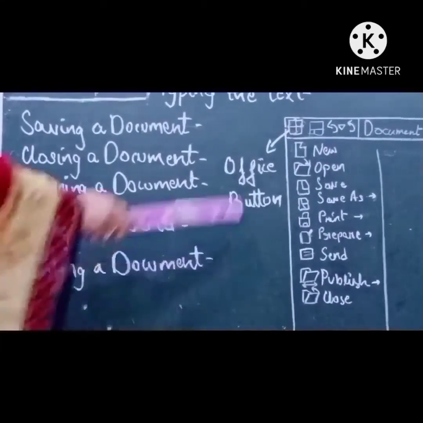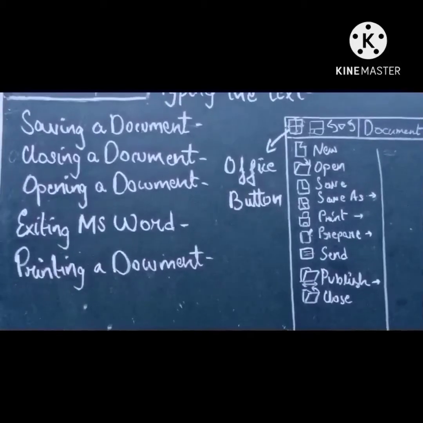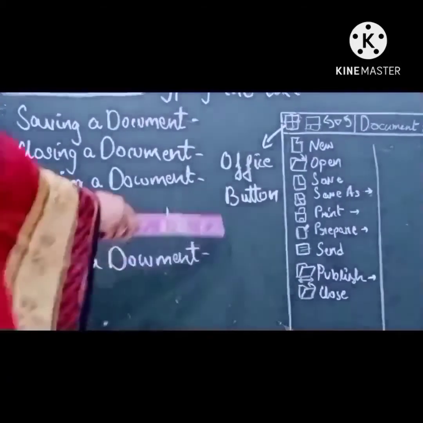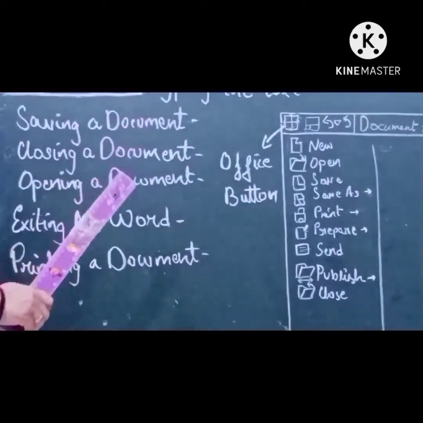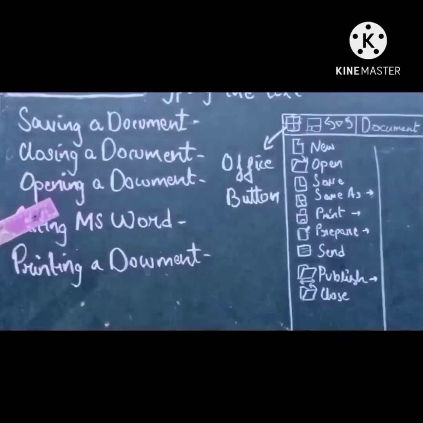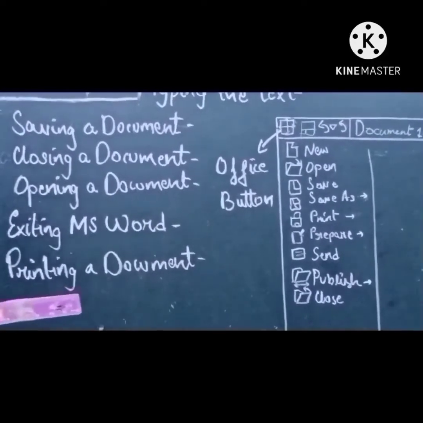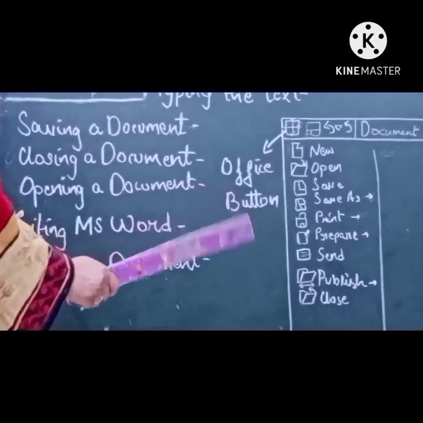When you click on the open option, children, the open dialog box will appear. Then there you have to select your file, which file you want to open. Select your file and click on the open button. That file will be opened.